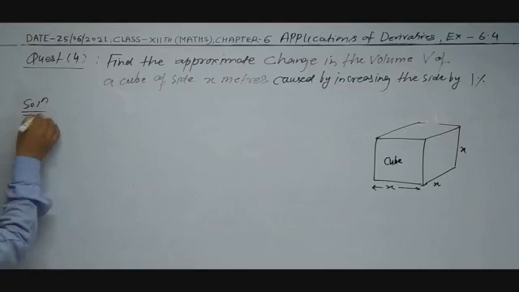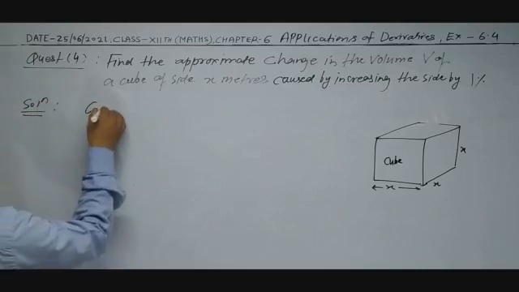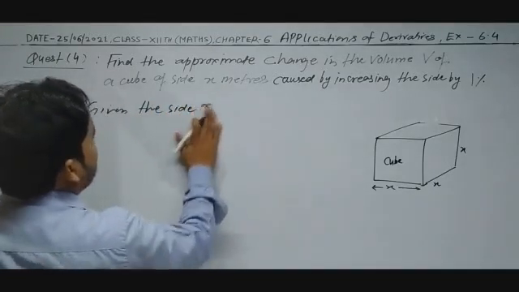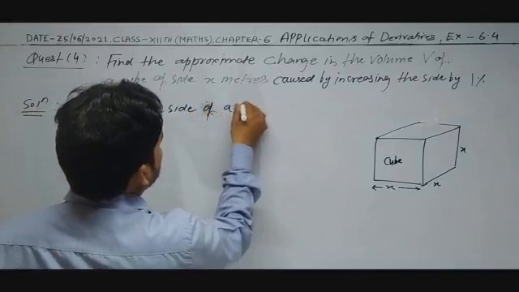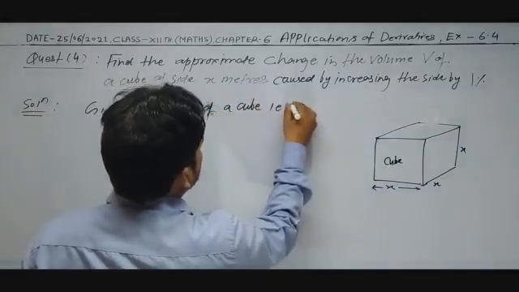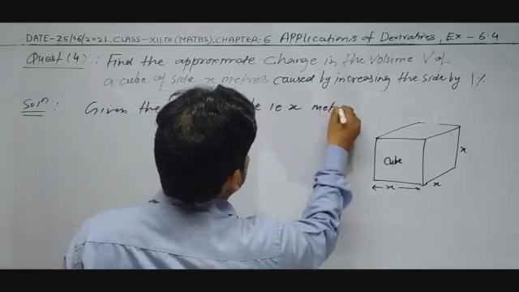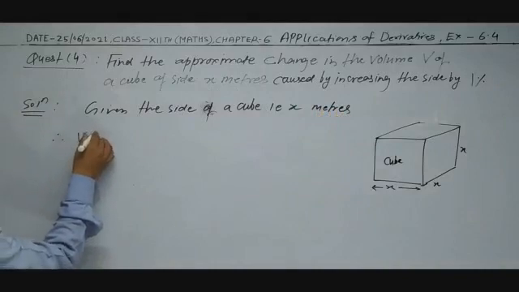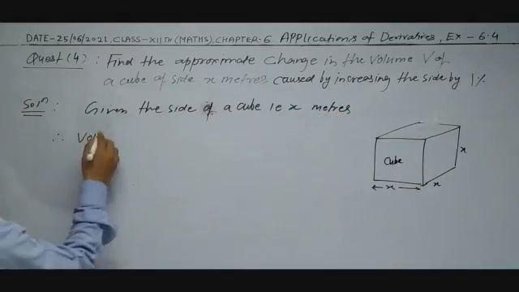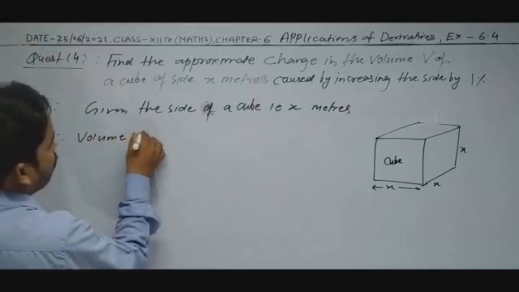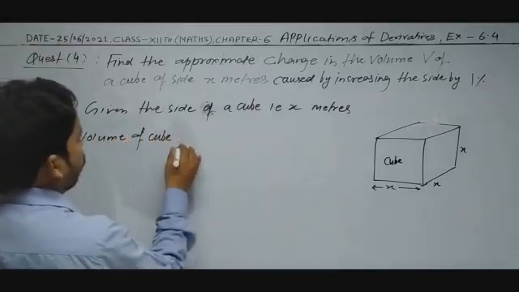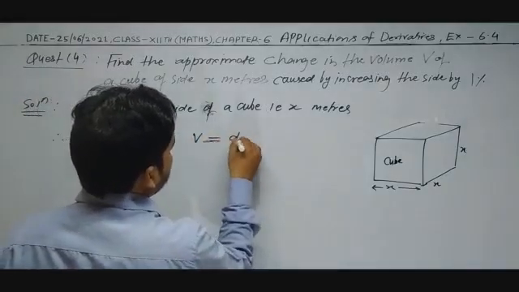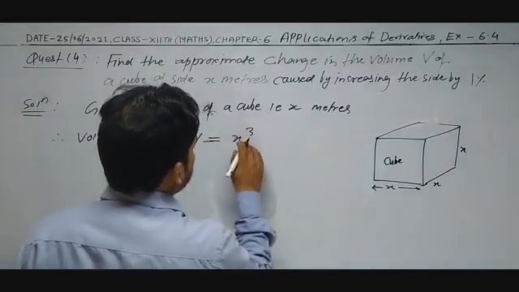Solution. Given the side of the cube is x meter, therefore the volume of the cube V is equal to x cube.